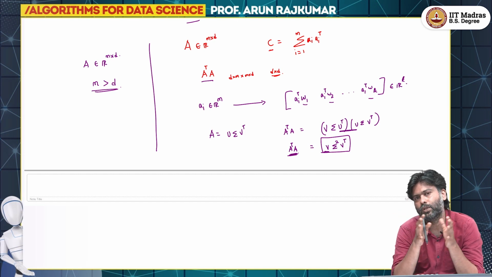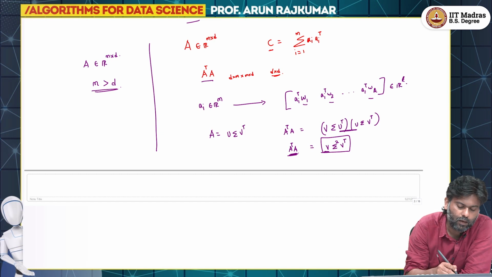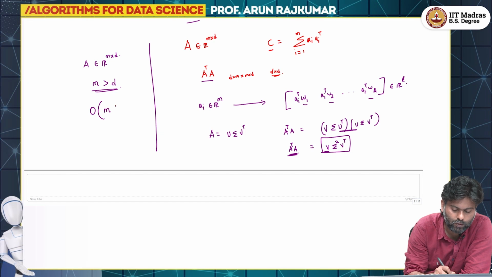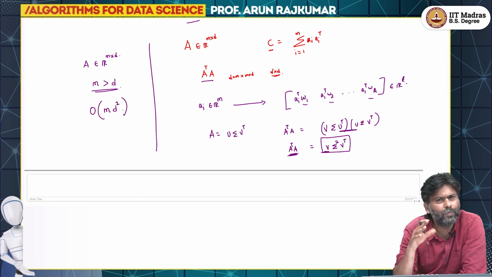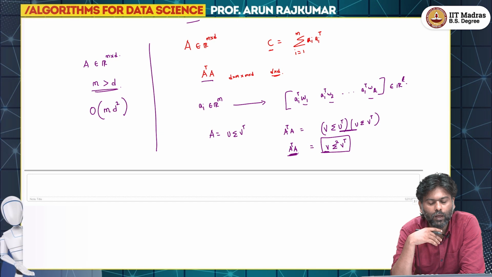But if M is much larger than D, then the term that would dominate would be D squared, so the time you would actually take is M D squared. If D is like M, then it is M cubed.